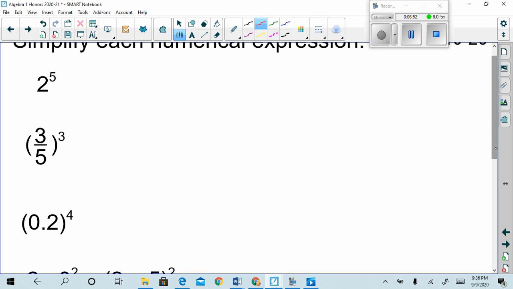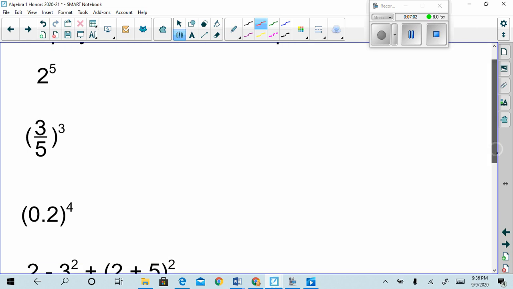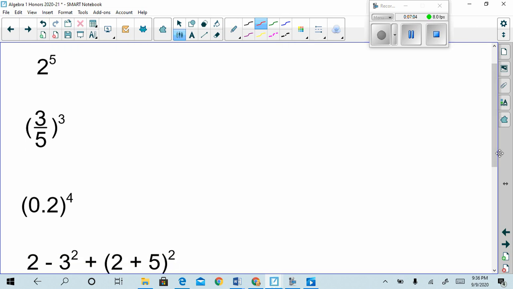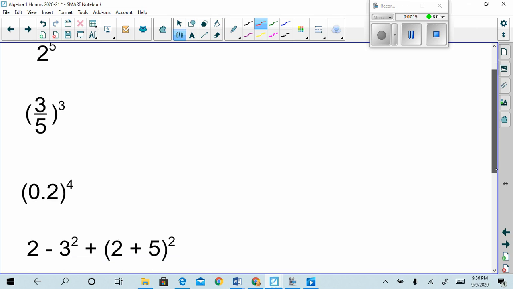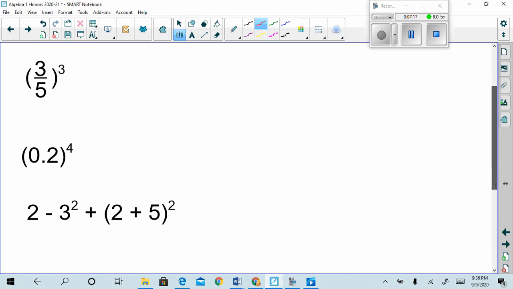Once again, you can pause the video and copy the expressions, and then take a few minutes to go ahead and simplify. As you're working, I'll just scroll just a little bit more for you to see the last couple problems.